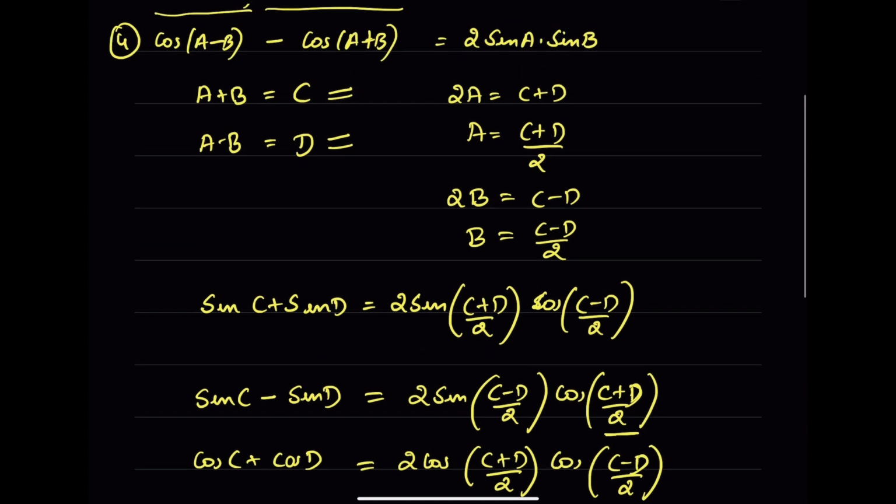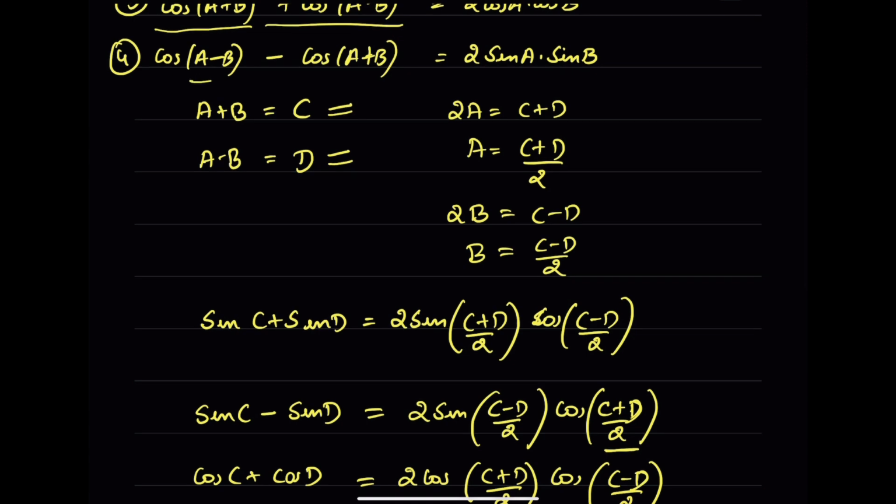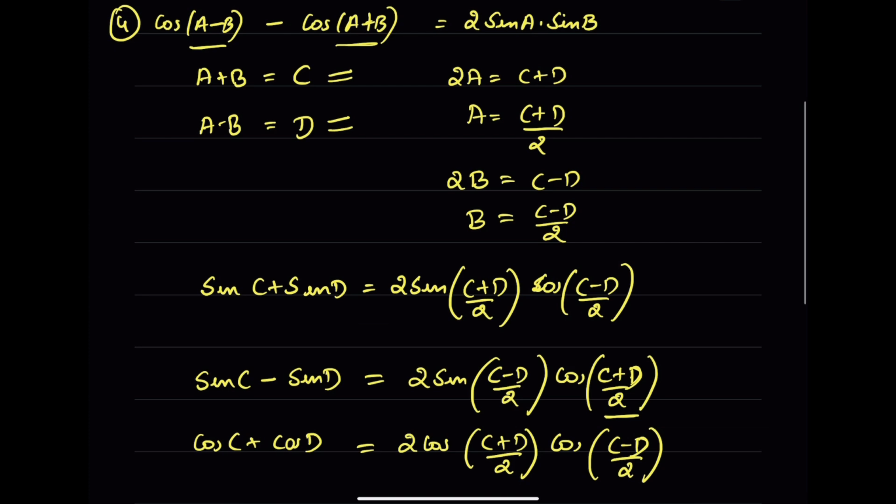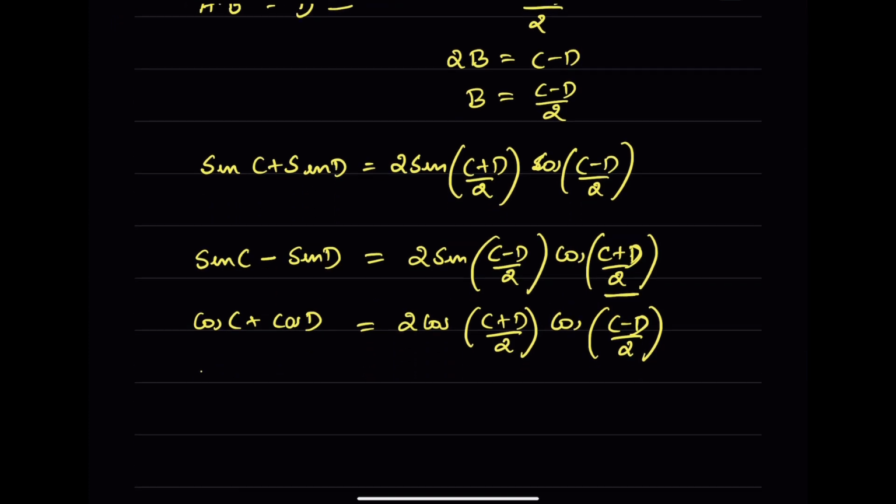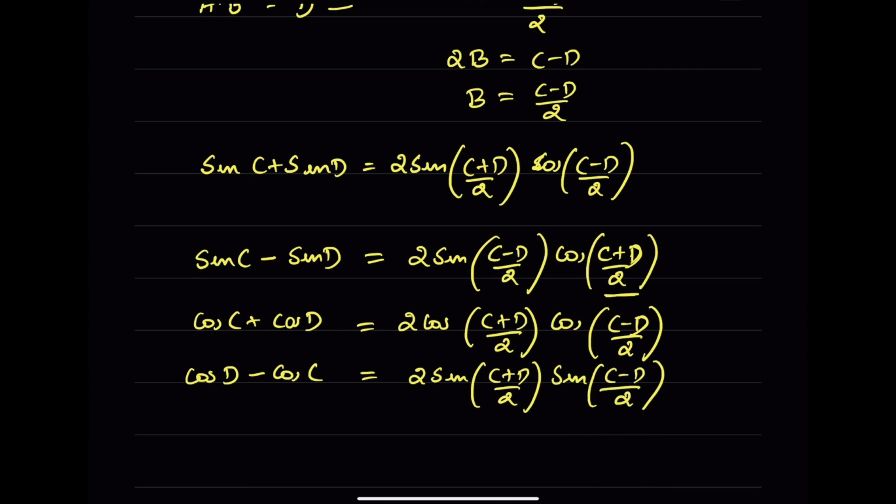Now the last formula is cos of a minus b minus cos of a plus b. So this is a unique scenario here. This will be cos of d minus cos of c is equal to 2 times sine of (c plus d) by 2 times sine of (c minus d) by 2.